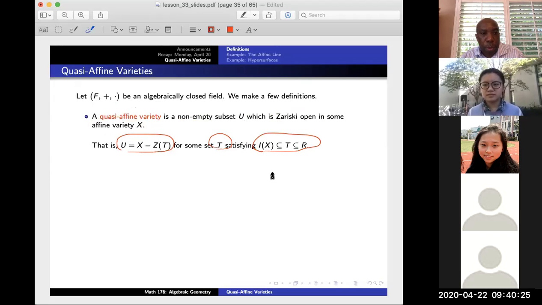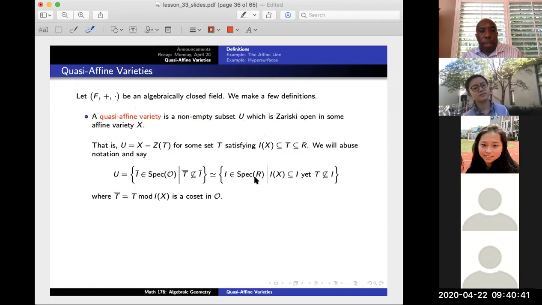So that's just what it means to be Zariski open, and this is actually our definition of a quasi-affine variety. Just like before, we're going to abuse notation. We'll think of this using Spec.